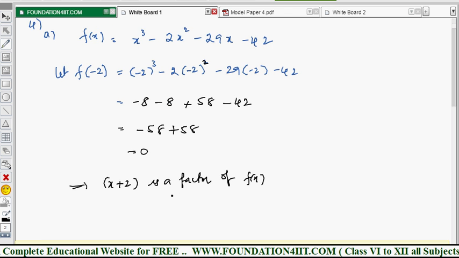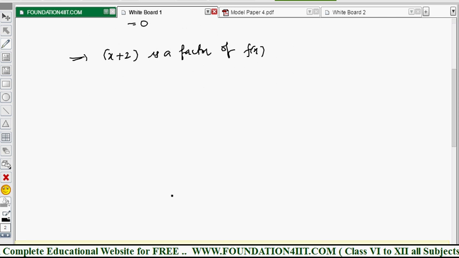That is x cube minus 2x square minus 29x minus 42. So we divide with x plus 2 because x plus 2 is the factor for this.